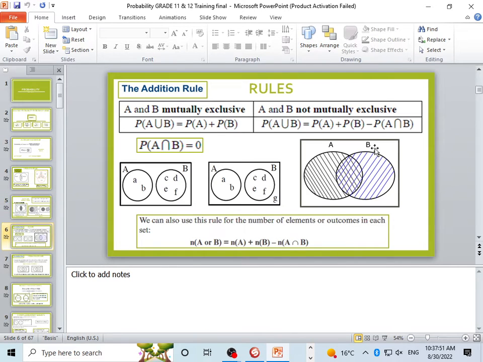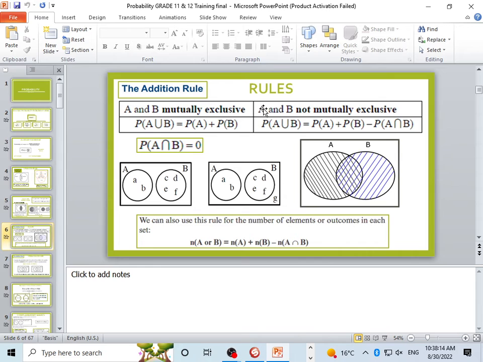Okay. Next one. The addition rule. A and B are mutually exclusive. Mutually exclusive. So that means you can only have maths or you can have math literacy.